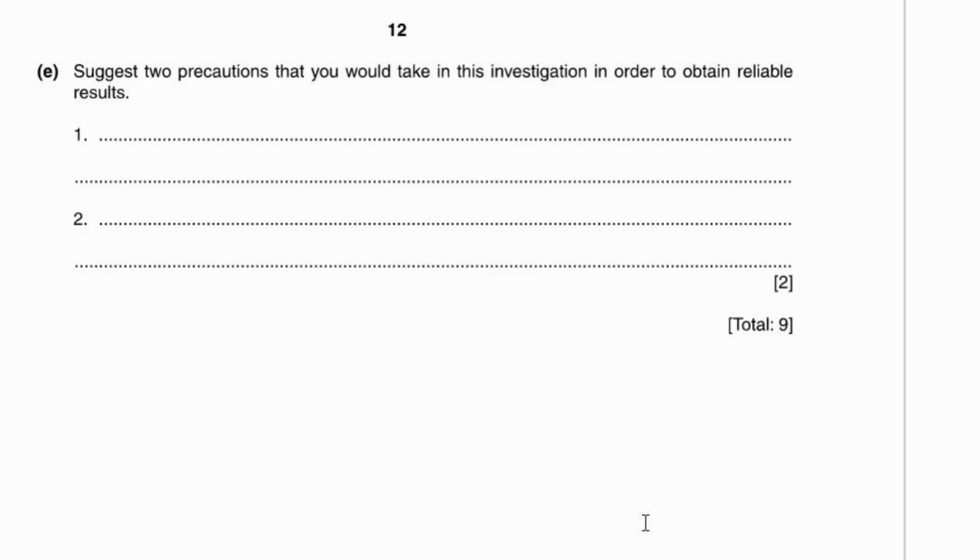Part E. Suggest 2 precautions you would take in this investigation in order to obtain reliable results. Well, number 1, whenever you're doing any of these focusing experiments, you need a dark room. If it's not a darkened room, then you're going to struggle to get any meaningful results. And number 2, the other thing that's difficult is to measure from the center point of the lens.